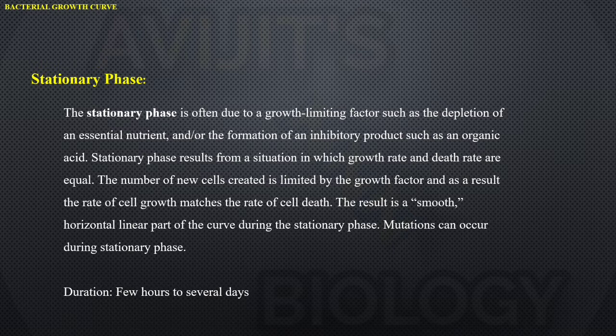The number of new cells created is limited by the growth factor, and as a result the rate of cell growth matches the rate of cell death. It means the number of cells growing equals the number of cells dying. The result is a smooth horizontal linear part of the curve. Mutations can occur during this stationary phase, and the duration of this phase is a few hours to several days.